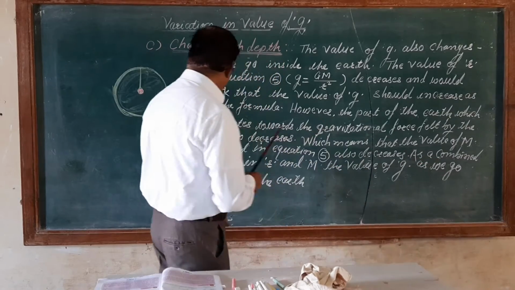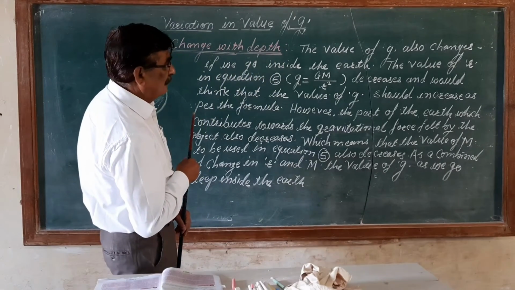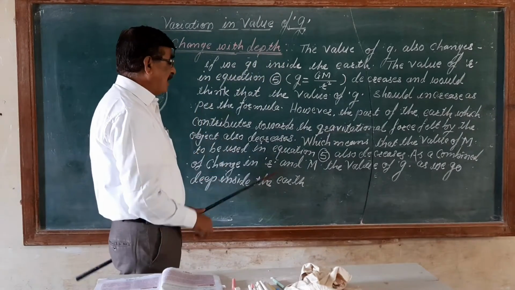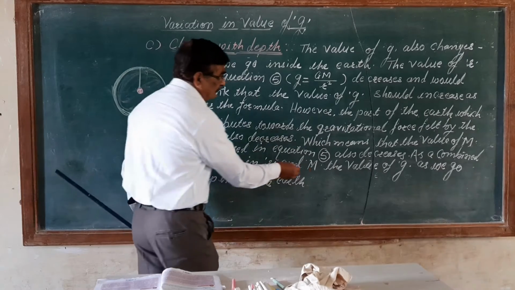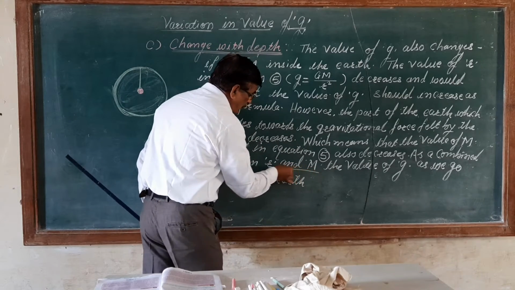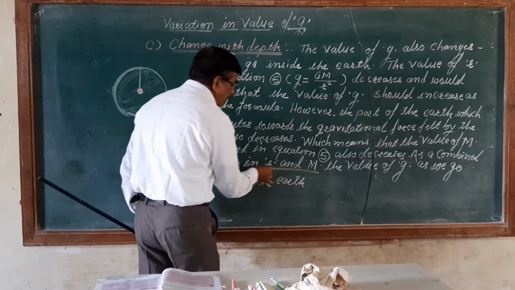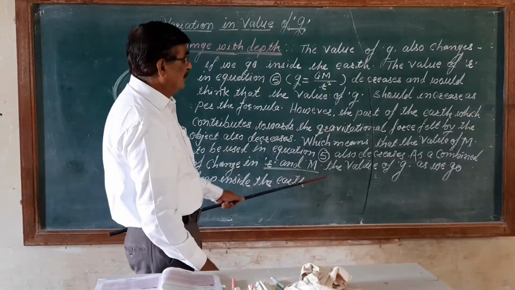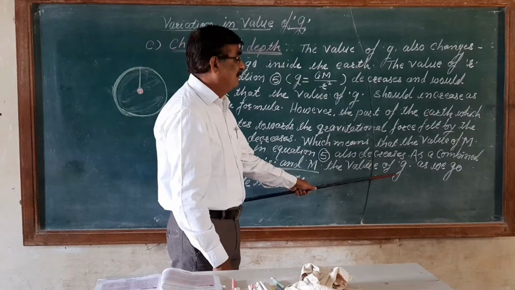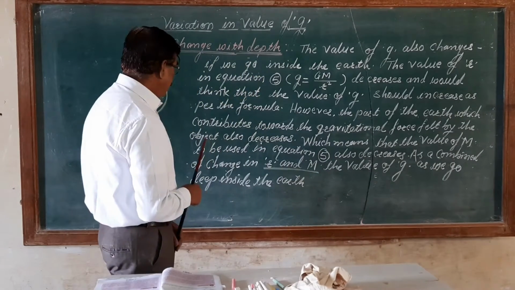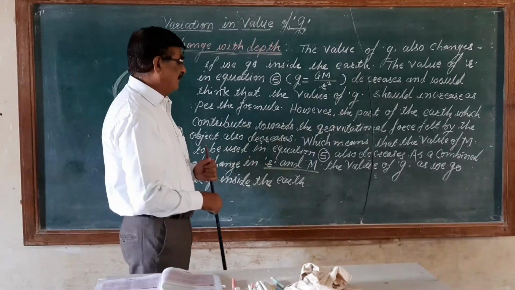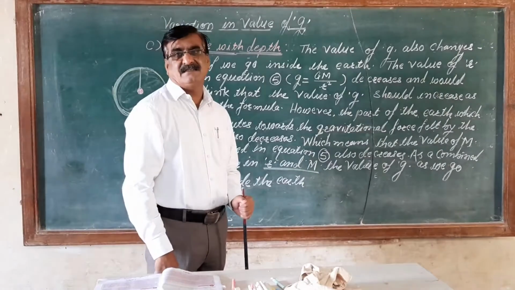As a combined change in R and M, both change, R changes and mass also changes. The value of g as we go deep inside the earth decreases.